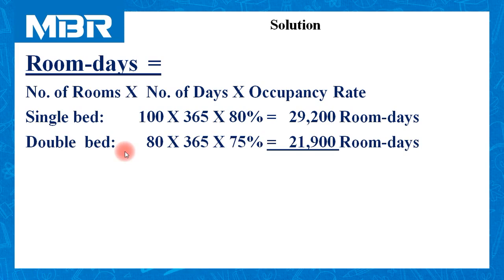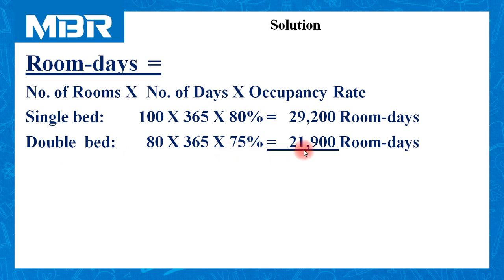For double bed room, number of rooms are 80. Number of days by default 365, as this information is not available in our question. Occupancy rate as given in the question for double bedroom is 75%.